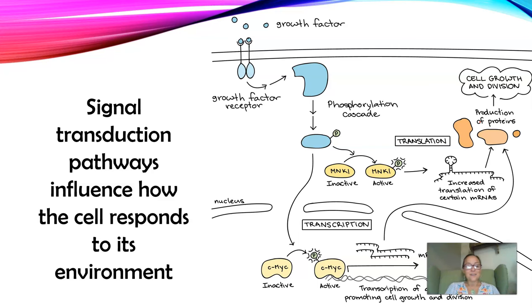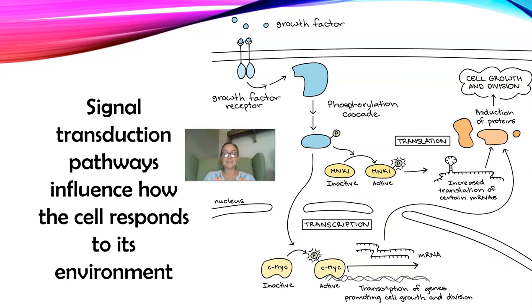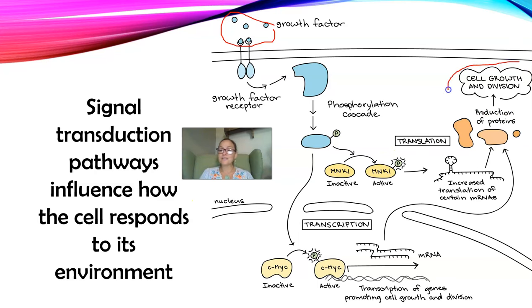So those would be your ligand-gated ion channels that open the protein for ions to flow into the cell. Now, signal transduction pathways do influence how a cell responds to its environment. And so here you have your growth factor, which is your ligand attaching. These looks like tyrosine kinases. And then how a cell responds to its environment, you can see here, a growth factor is like its name, for growth and cell division.